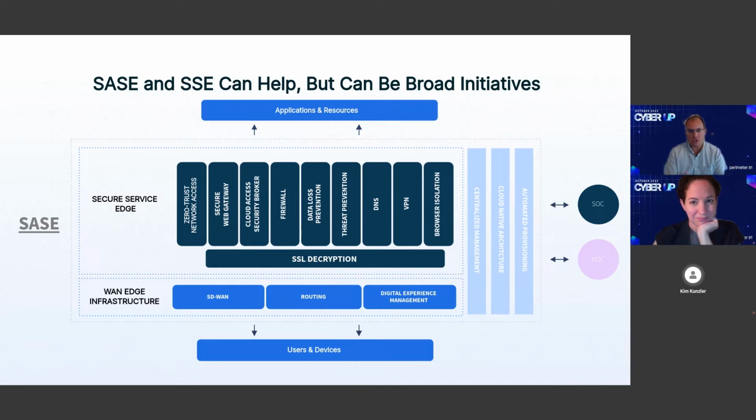It's secure service edge, and then this idea of WAN and edge infrastructure. I think they've updated that to SD-WAN. But in totality, this is a really, really big undertaking. And for most organizations, you're going to be very focused on, at least at the start, one aspect or the other.